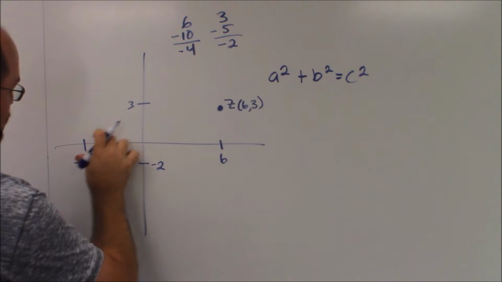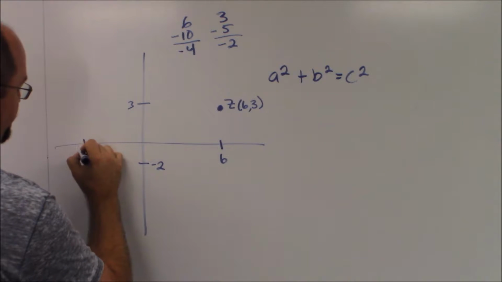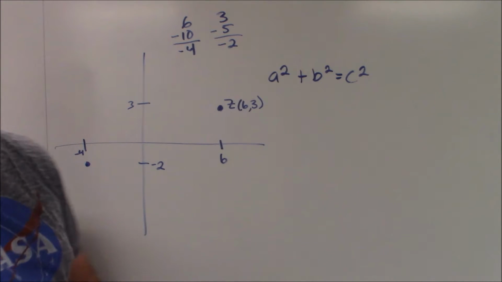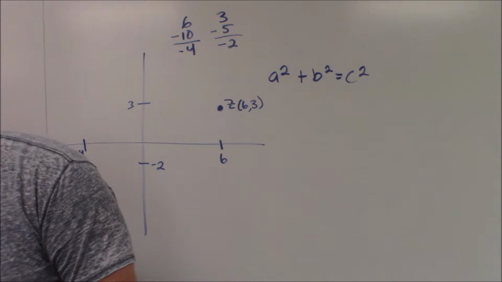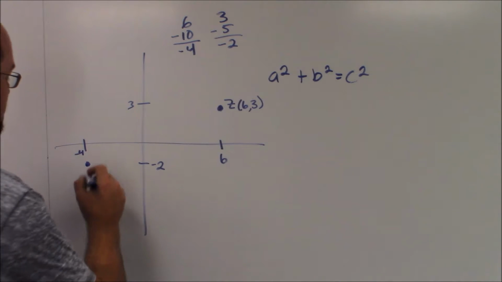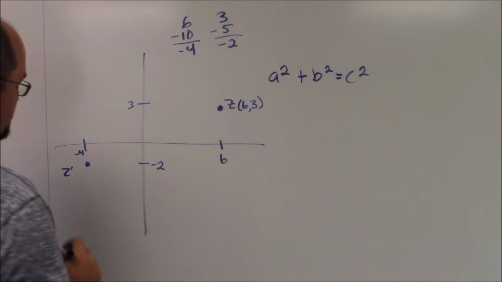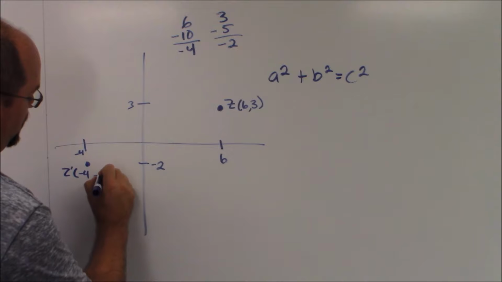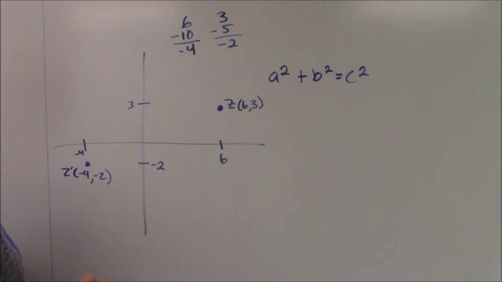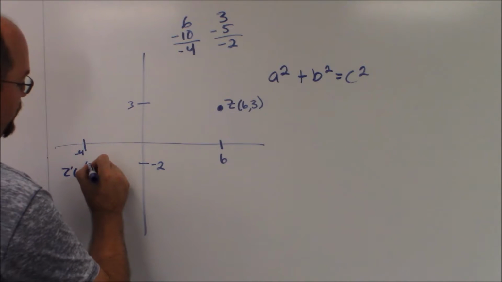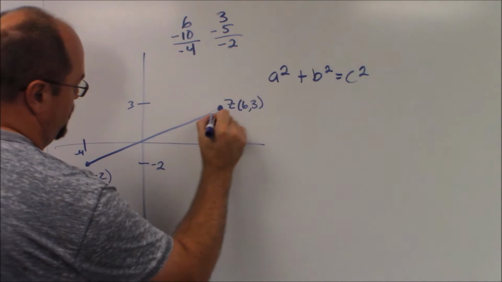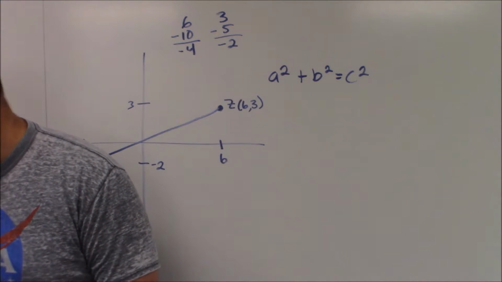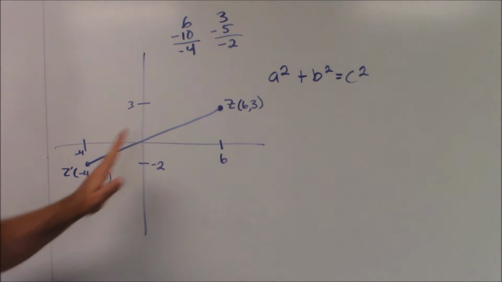So I'm going to erase my -4 here because it's going to be in the way. So our point is going to be right here, and they call that point Z prime. So that's going to be at -4, -2. All right, so we have to find the length of this line segment.